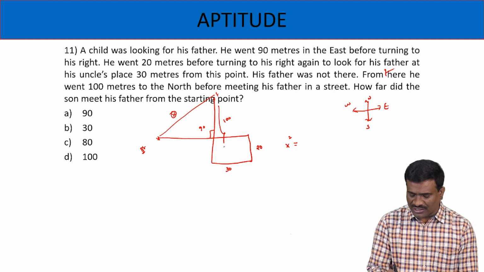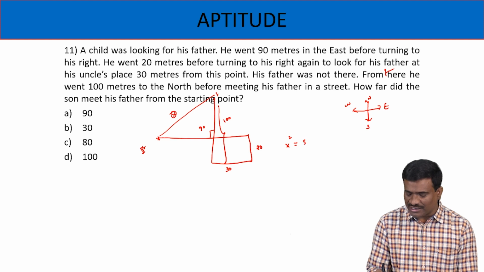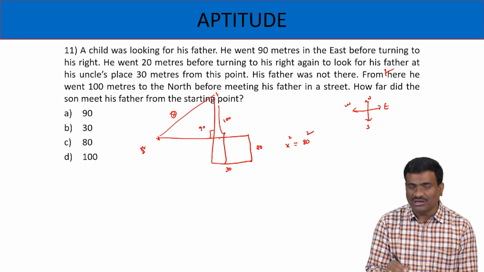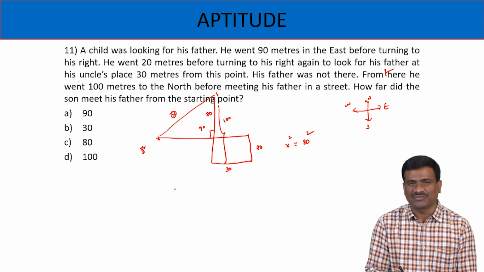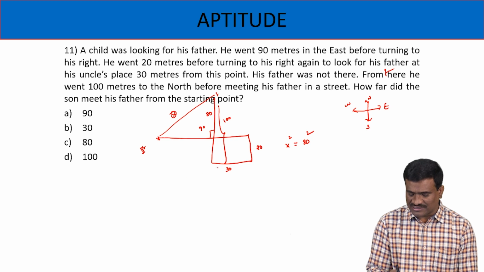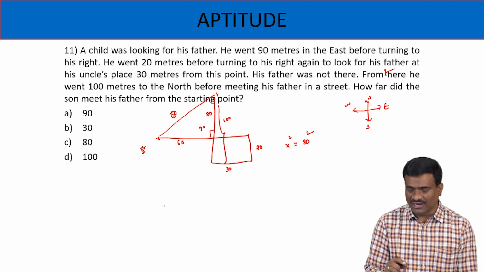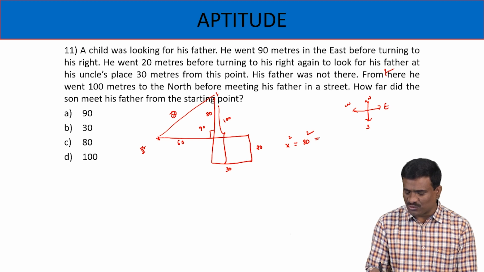Total 100 meters; this side is only 20, the remaining part is 80. This line is 90 meters; 30 is completed, the remaining part is only 60. Then x square is equal to 80 square plus 60 square.